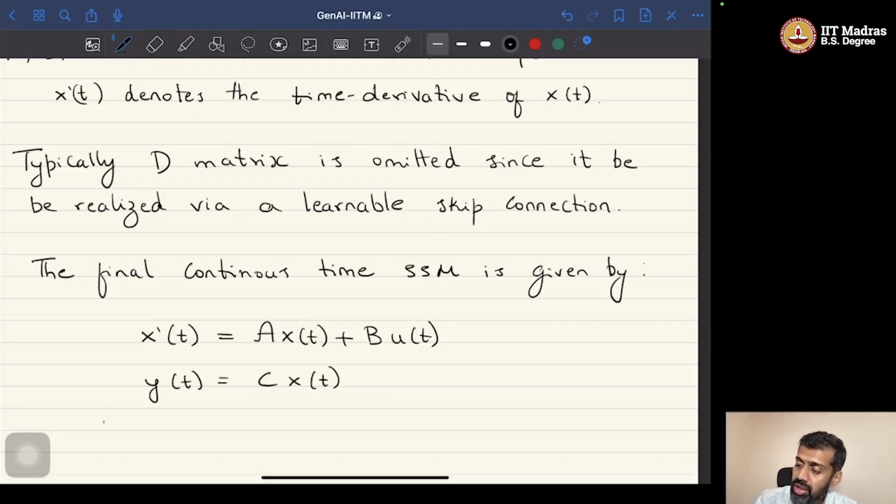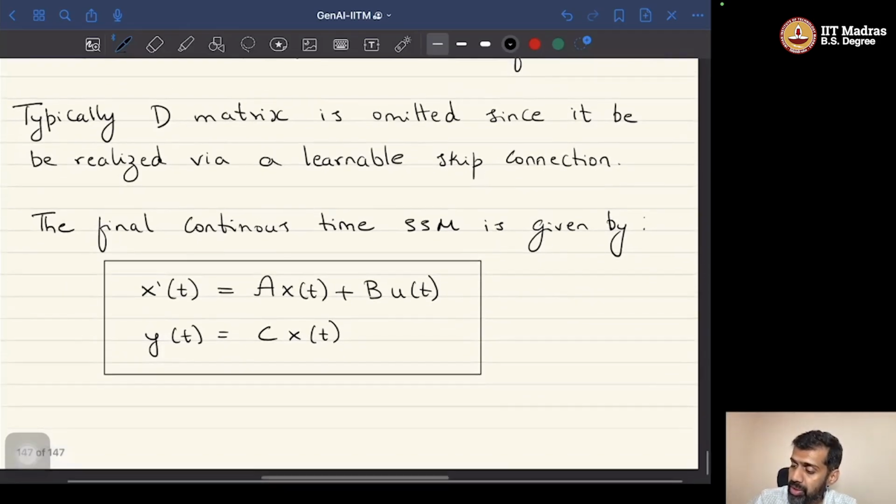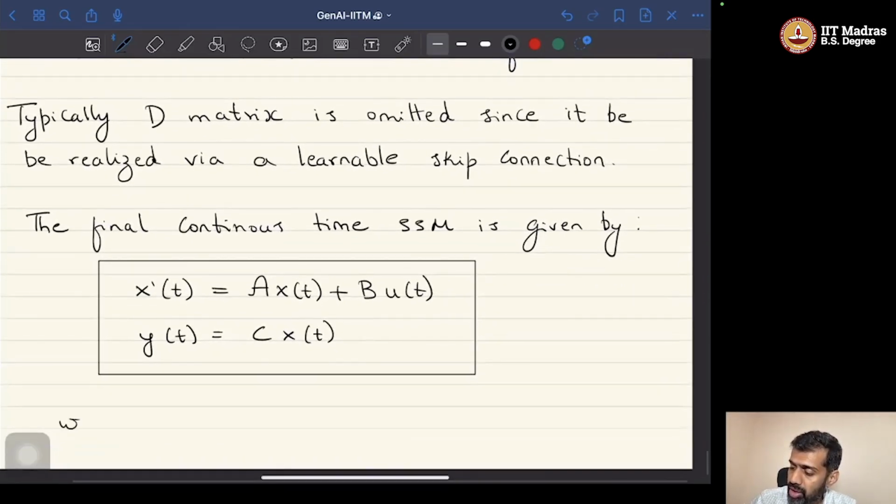This is the equation of a state space model in continuous time, where a, b, c are the learnable model parameters.